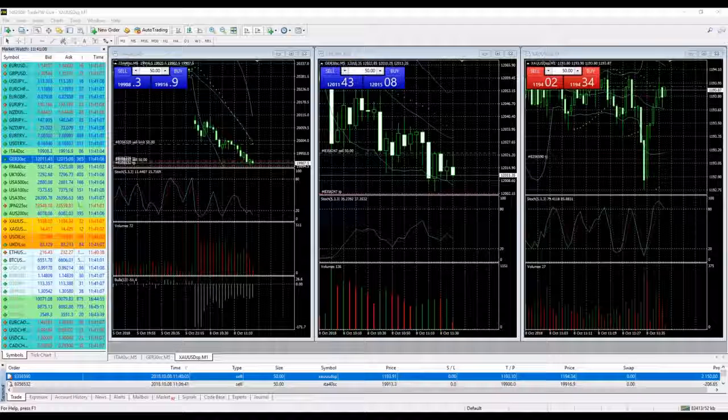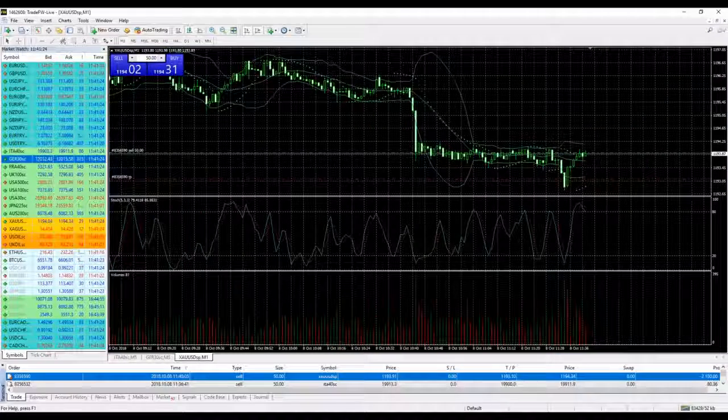Our take profit is at 1,193.10. This is my gold trade, guys. And we will get there soon.